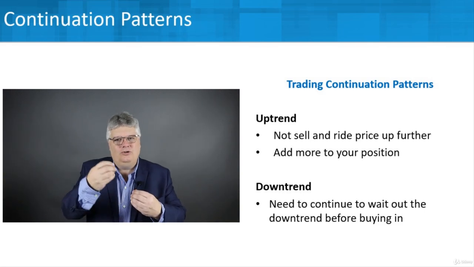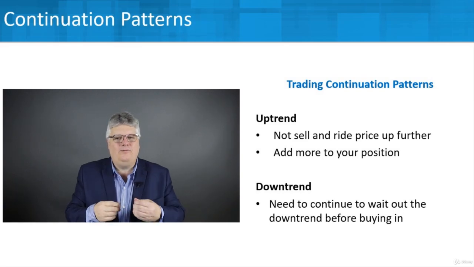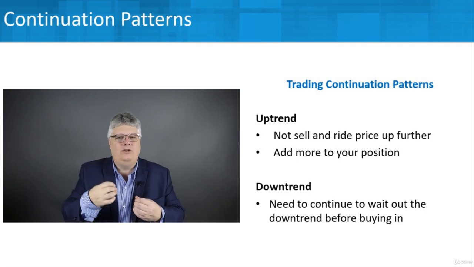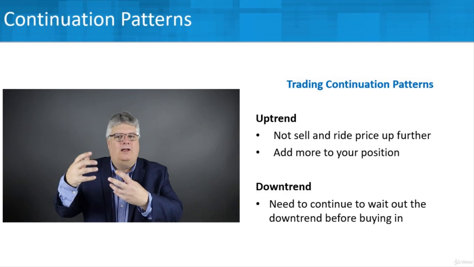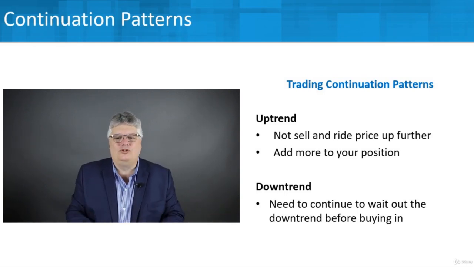In fact, what you could do in some cases is add even more to that trade, keep investing a little bit more in that security. Not only do you have your original investment, but now you see this chart pattern and a continuation pattern has formed. You can add a little bit more, and now you've adjusted your position to ride an upward trend.